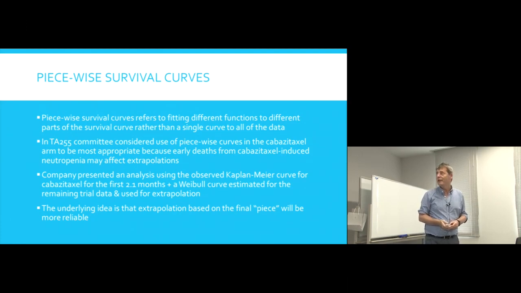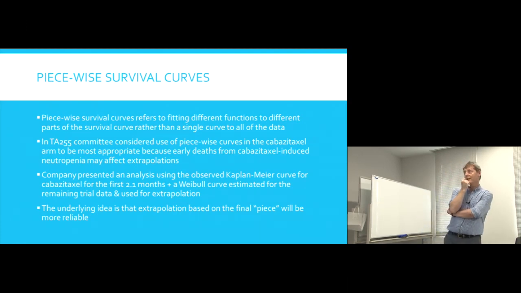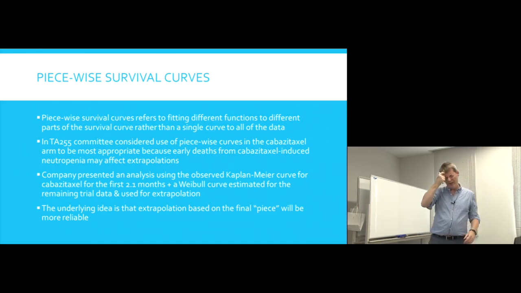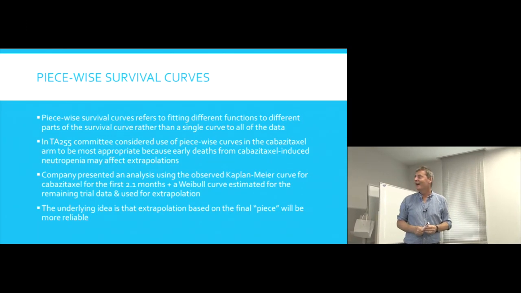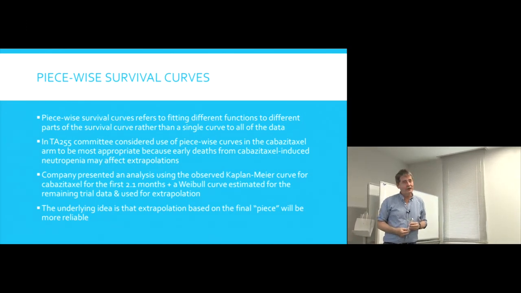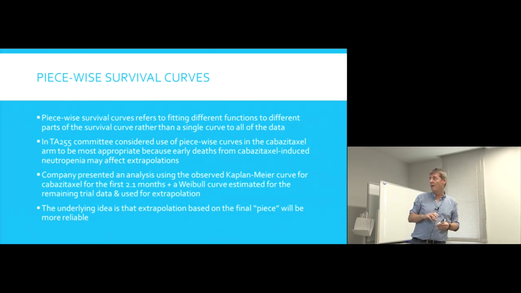So one example here was cabazitaxel, which is treatment, I think it's prostate cancer, metastatic prostate cancer, if I recall correctly. And what they found was that in the data, early on, there were quite a few deaths in the trial from cabazitaxel-induced neutropenia.